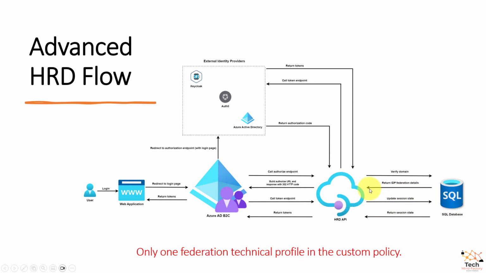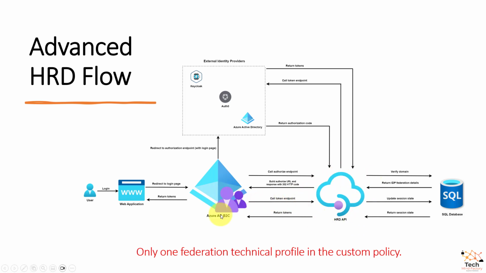So we store the authorization code, and from the HRD API we return this code to Azure AD B2C, again using a 302 HTTP redirect response. B2C will get this code, and again B2C will call the token endpoint of this HRD API.